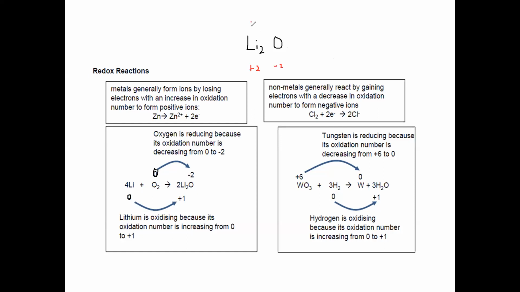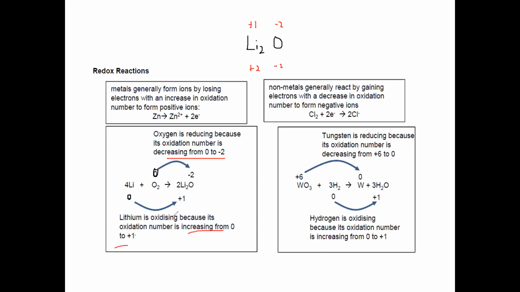But we write for individual. So the individual oxidation number for lithium is +1, two are +2, and oxygen, the only one, is -2. So oxygen 0 becomes -2. That's a decrease from 0 to -2. That's why we say oxygen is reduced, because its oxidation number decreased, and lithium is oxidized because its oxidation number increases from 0 to +1.